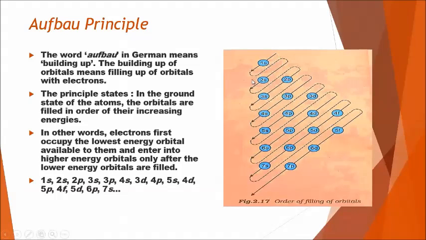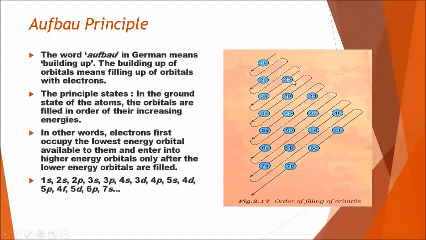You have to make a cut. That is 1s. Second line starts with 2s, 2p, 3s. 3p, 4s. 3d, 4p, 5s. We can see that the order is moving from 1s to 2s. Arrow finishes here.